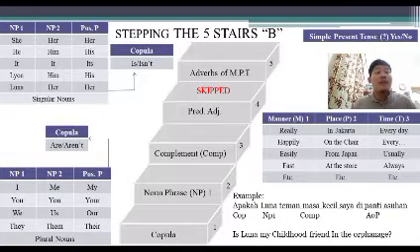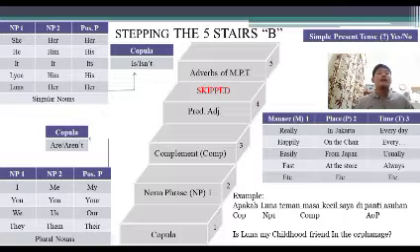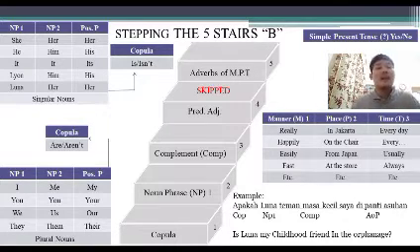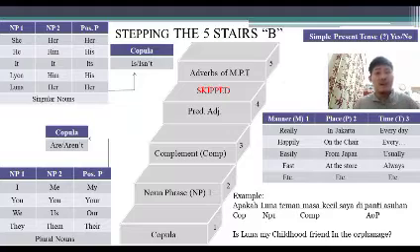For the interrogative of simple present tense, the only difference is that we put the copula first, and for the singular we use is, and for the plural we use are. As you can see in my example, apakah Luna teman masa kecil saya di panti asuhan? So: is Luna my childhood friend in the orphanage?